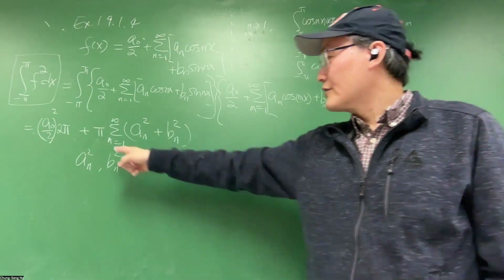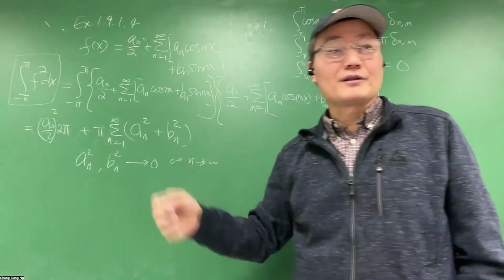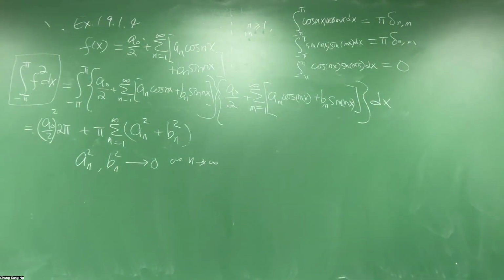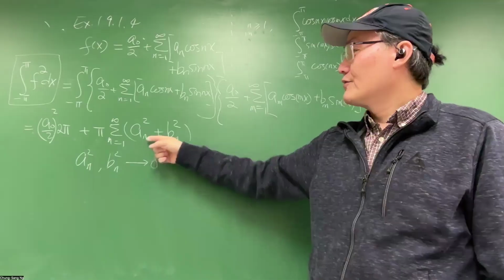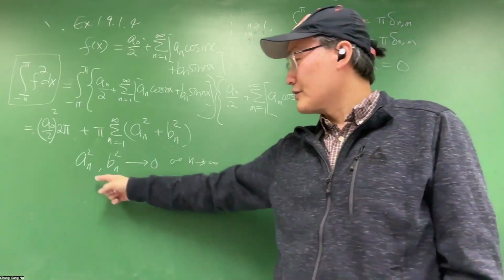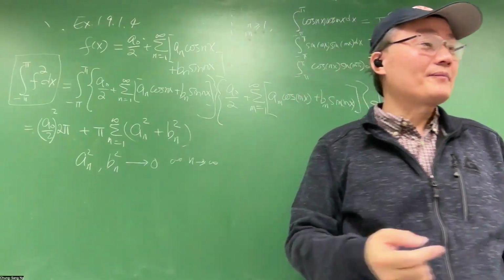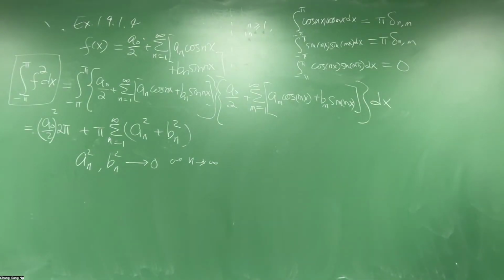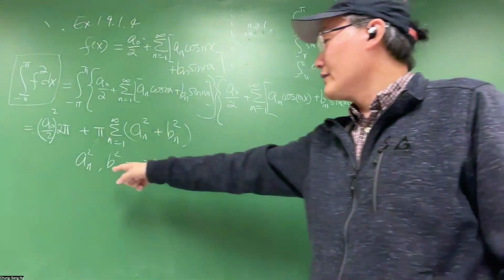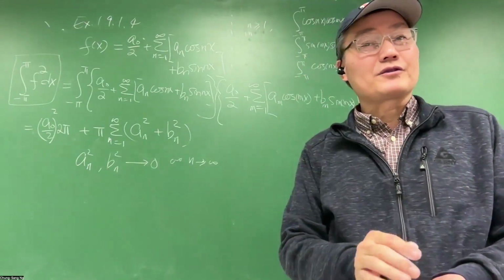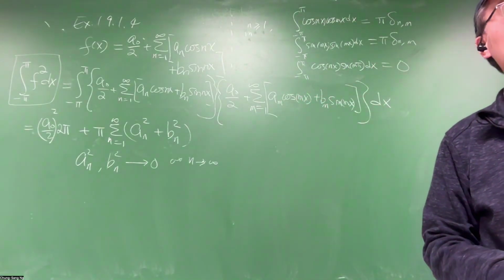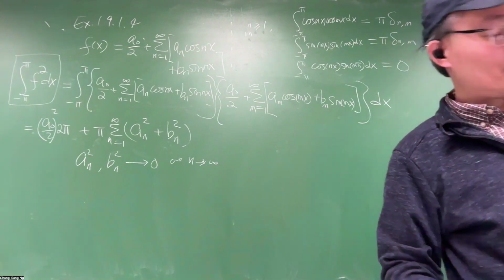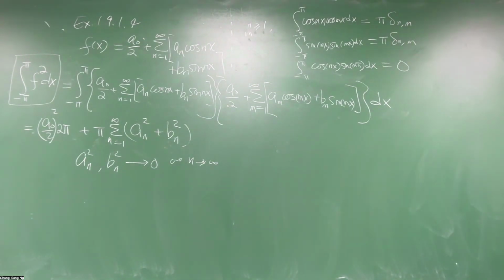So in order for this to be convergent, this is necessary, not necessarily sufficient, for this to be convergent. So there could be a stronger statement, but at least a_n squared and b_n squared should go to zero. Okay, is that okay? All right. So that is the so-called Parseval.